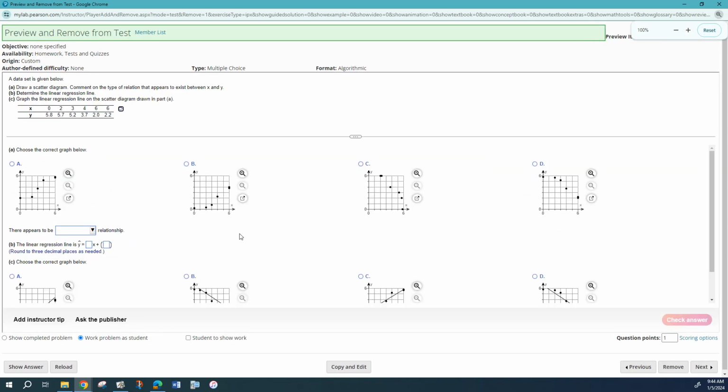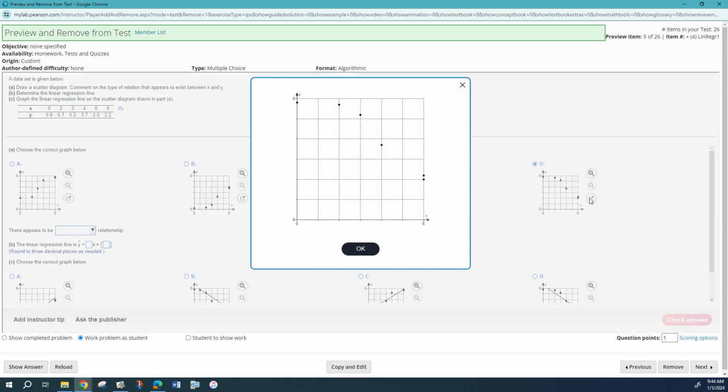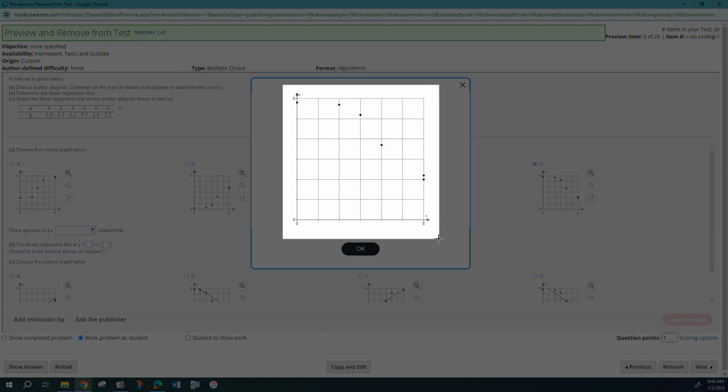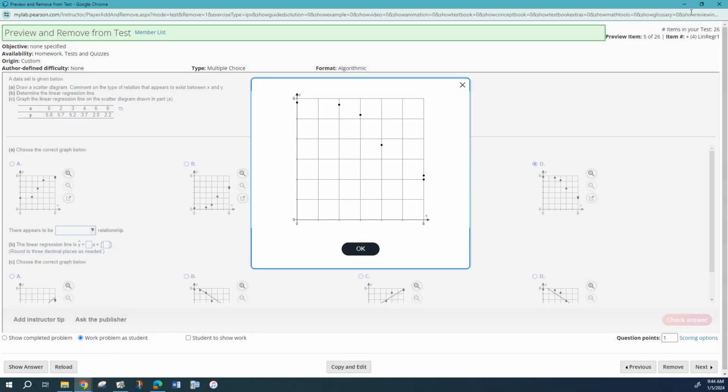So you got to pick which one of these is the right one. You can kind of see that's it right there, isn't it? Isn't that the one that matches?